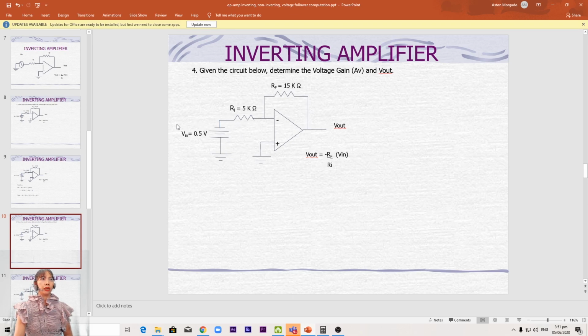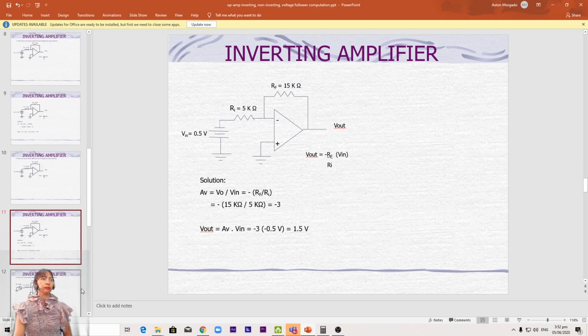So in effect, you have a negative 0.5 volts input. Since again it is inverting, the formula for V out is negative RF over RI times V in, wherein negative RF over RI is the AV or voltage gain.